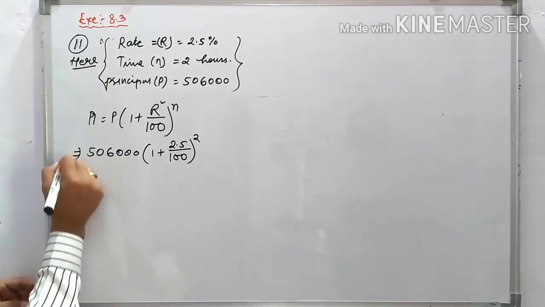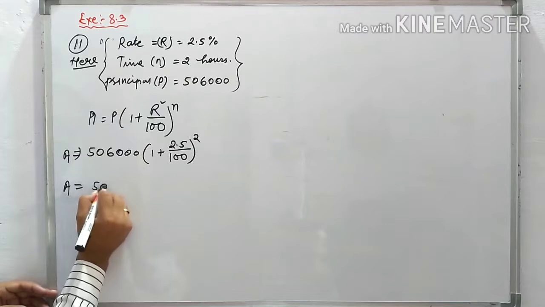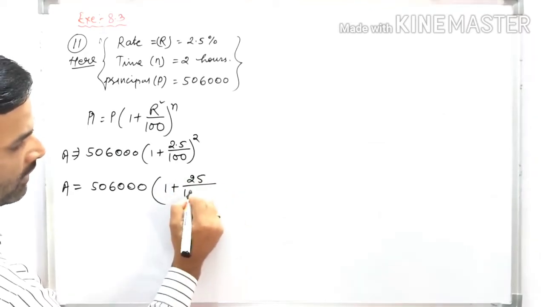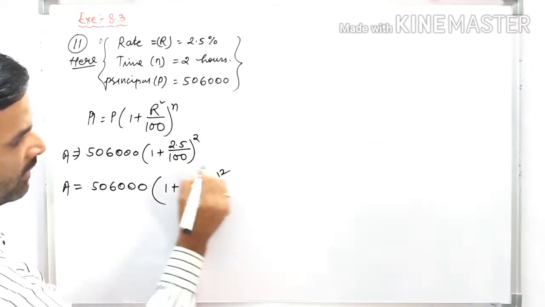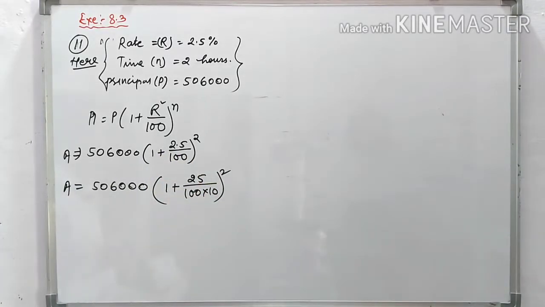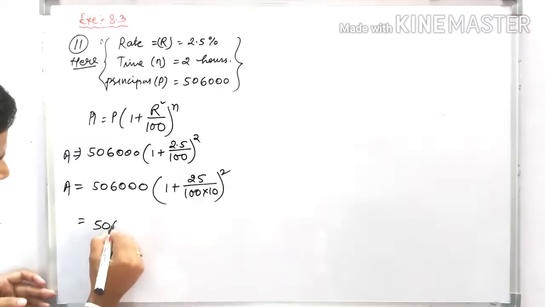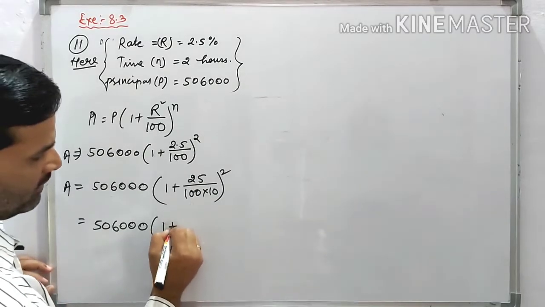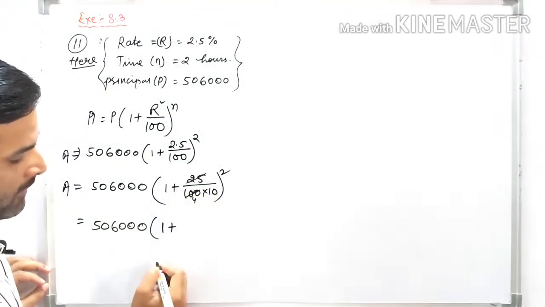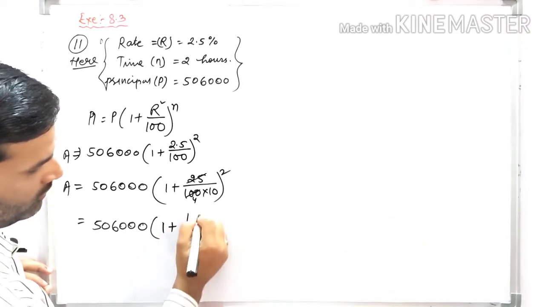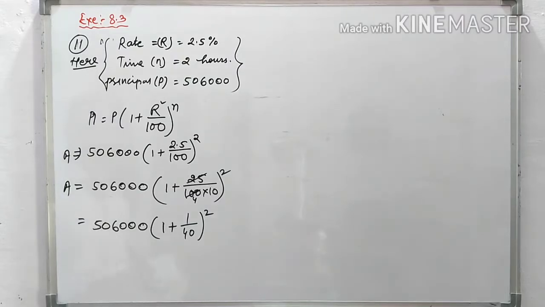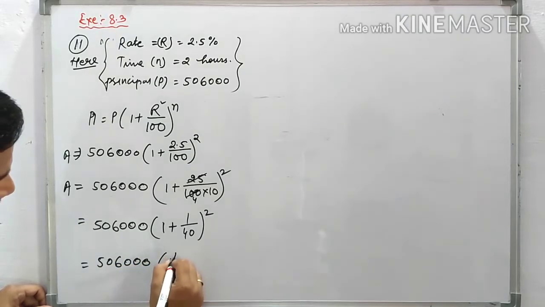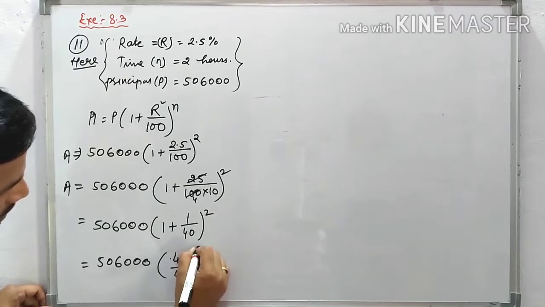Now we solve for A: 5,06,000 times (1 plus 25 upon 1000), and the decimal point cancels with 10. Then 25 cancels, giving 1 plus 1 upon 40, squared. So 5,06,000 times (41 upon 40) to the power of 2.